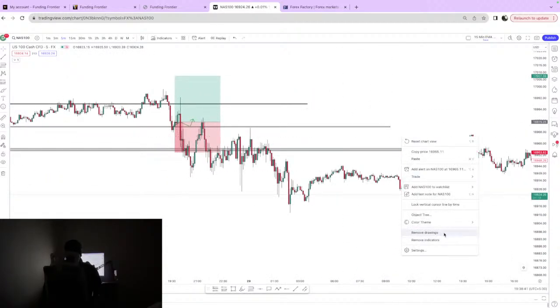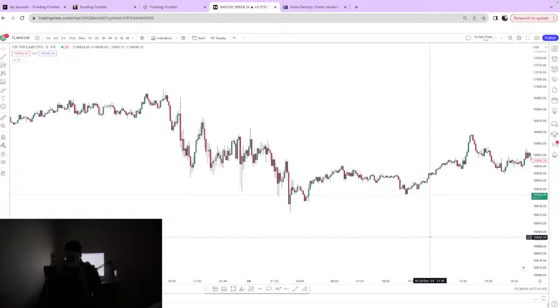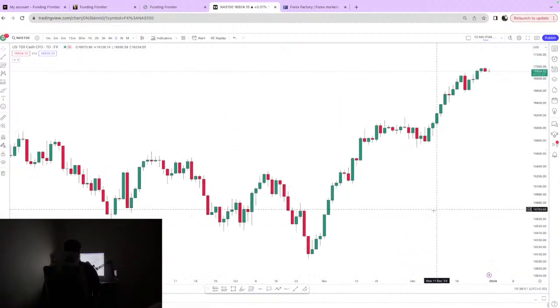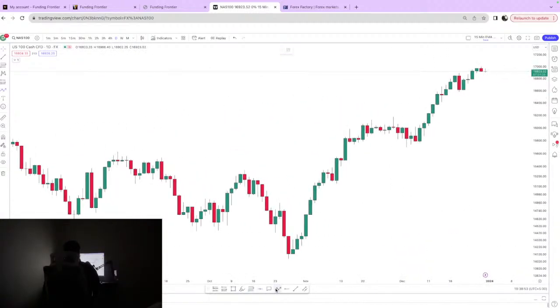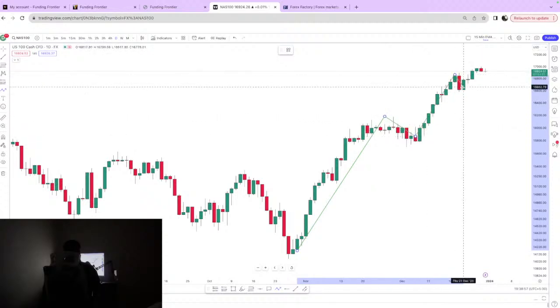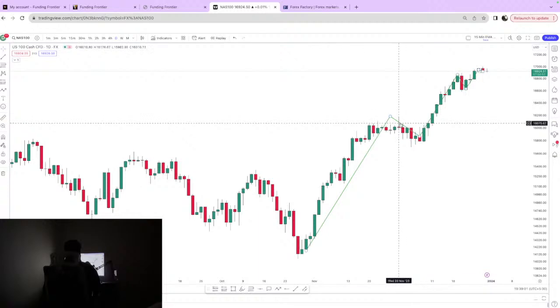First we'll clear all the previous drawings. We'll shift to 1 day time frame, and as you can see, price is in an uptrend: higher highs, higher lows, higher highs, higher lows. So our bias is bullish on the daily time frame.